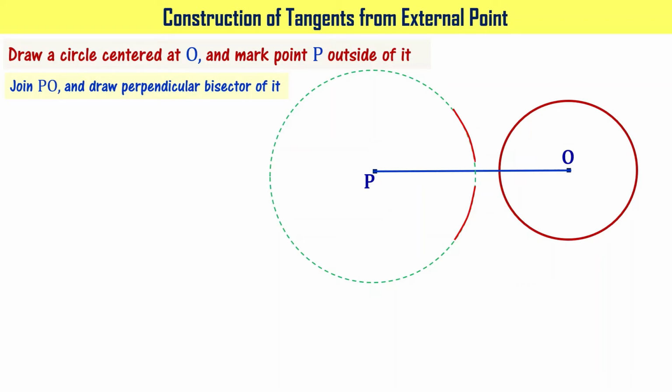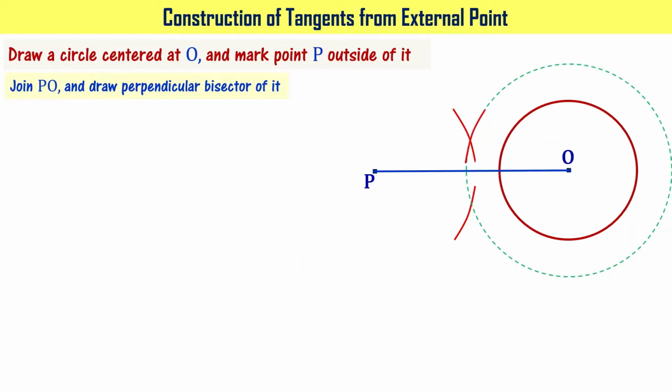And now let's go to point O, and without changing the separation between pencil and the pointer of the compass, let's draw two more arcs as shown here. As you see here, the pairs of arcs we have drawn just now are intersecting, right?